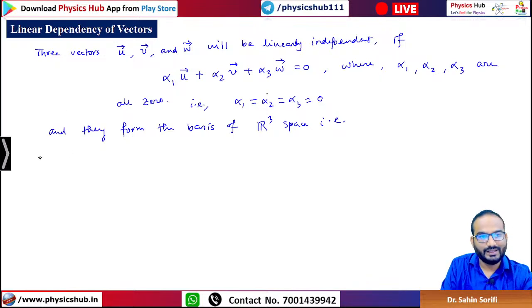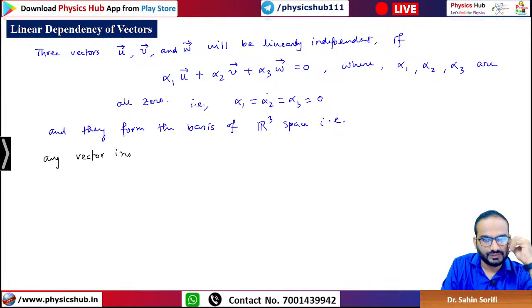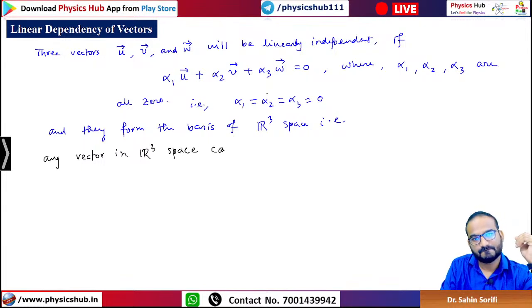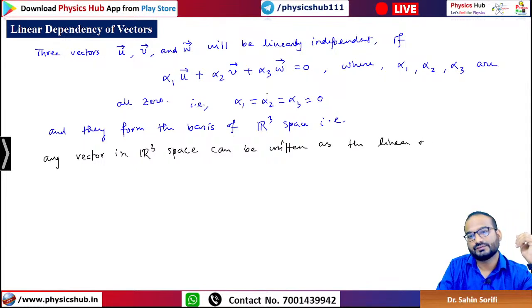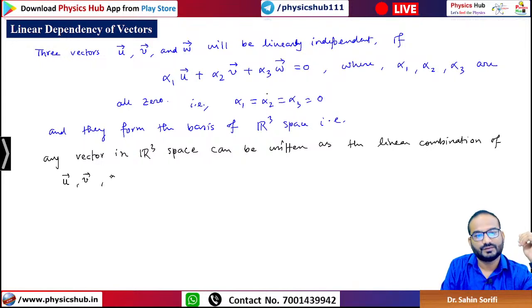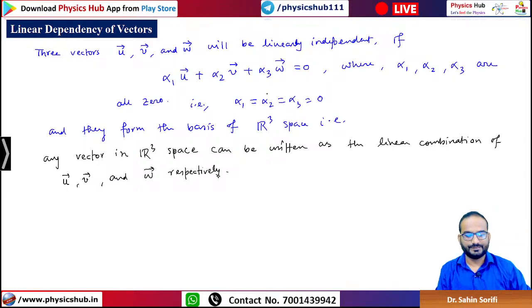It means that any vector in R3 space can be written as a linear combination of u, v and w respectively. So this part is okay.